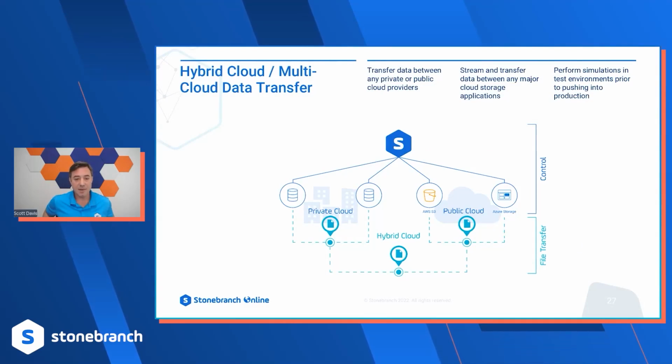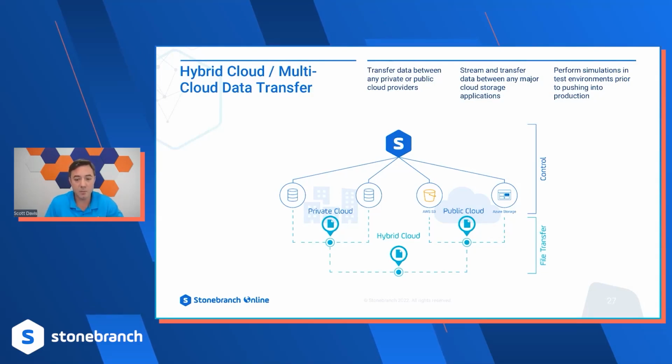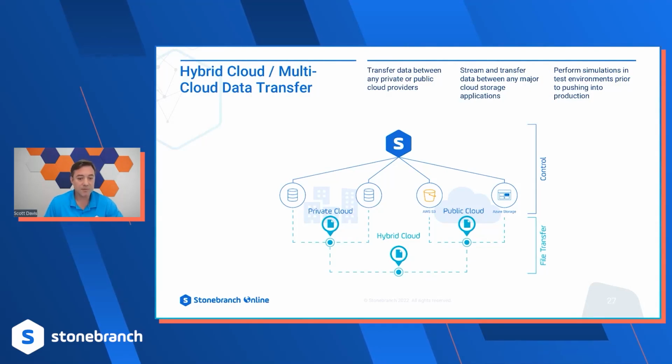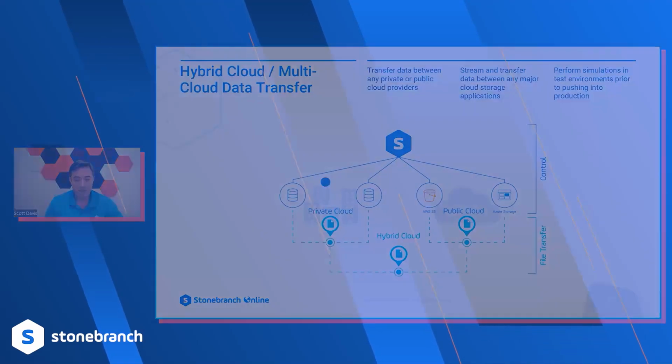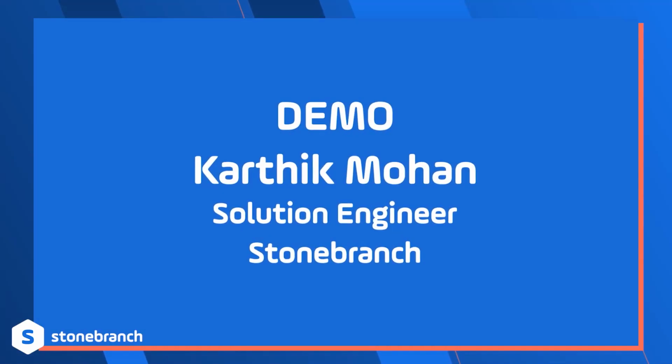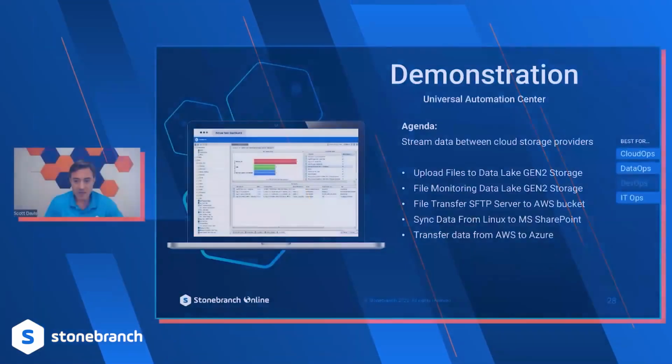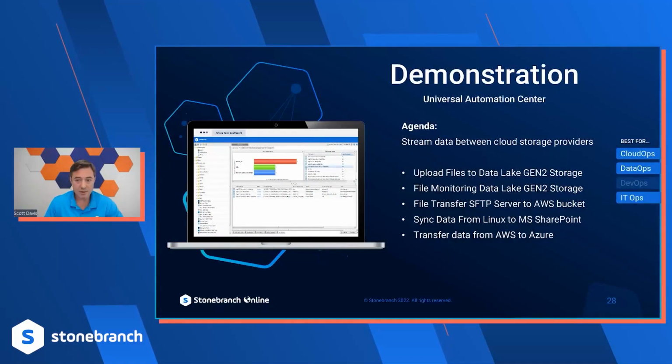The streaming of data back and forth between cloud service providers. Really what you're doing in this multi-cloud data transfer is moving data between public cloud providers, or of course, in a hybrid environment, the private cloud. But Kartik's going to focus us on the latter. So with that said, I'm going to pass it over to Kartik to do the next demo.